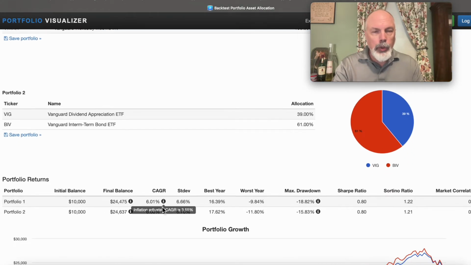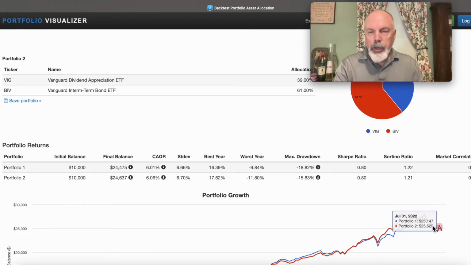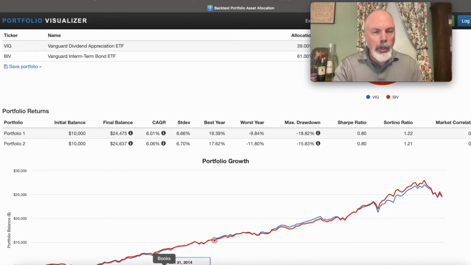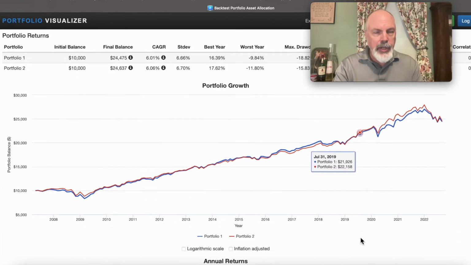And this shows you the CAGR, very close, standard deviation, very close, portfolio growth over the hypothetical analysis period is pretty close. A little bit, the ETFs were outpacing Wellesley Income. Now they're tracking pretty much the same.